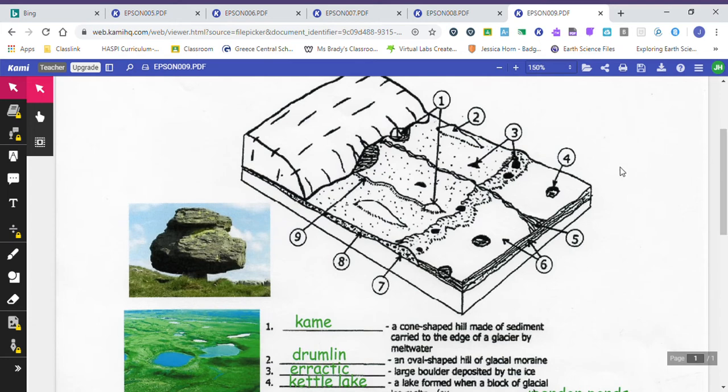I have something here called an erratic, which is number 3. An erratic is a large, random boulder rock that doesn't look like it belongs there. And it looks like something that's very out of place. We have lots of erratics up in the Adirondack Mountains.